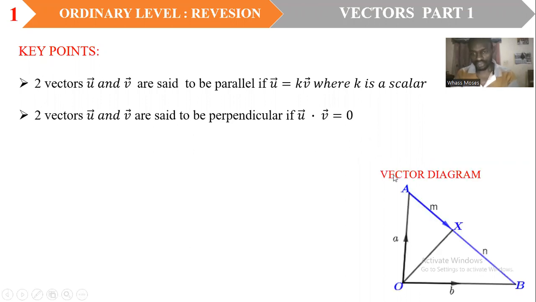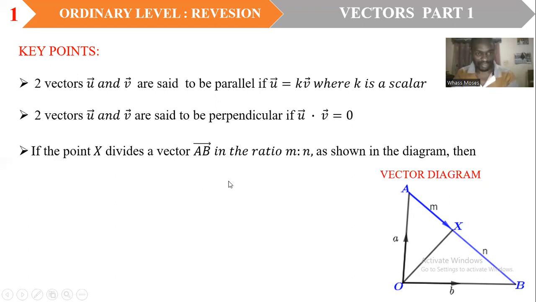Thirdly, if we have a vector diagram of the one drawn here, such that the vector AB is divided at a point X by two fractions M and N, that is, the vector AB is divided at the point X in the ratio M is to N, here is what will happen.